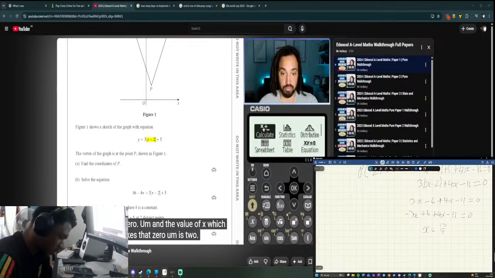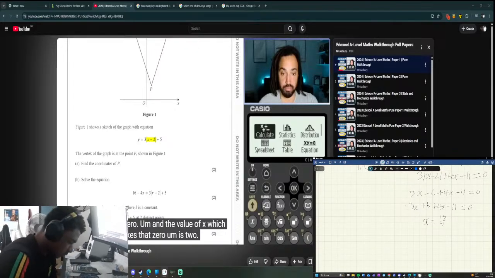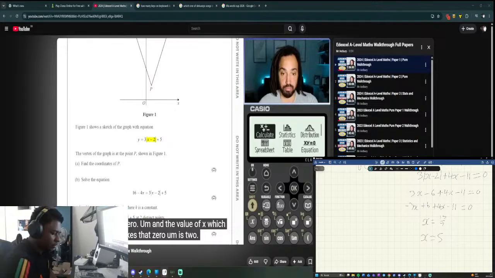And then the second one, we got minus 3x plus 4x is x, and then plus 6 minus 11 is minus 5. So x equals 5 on the second one.